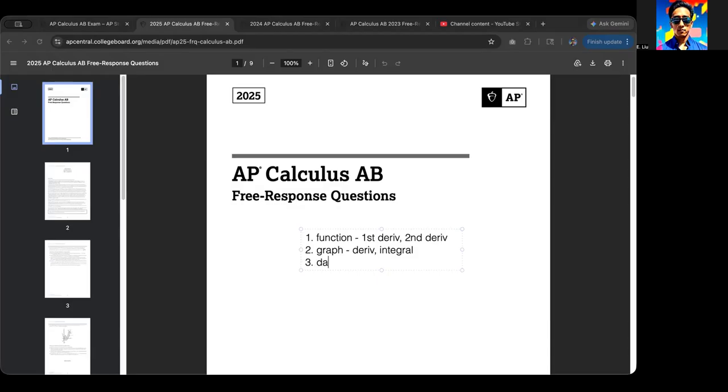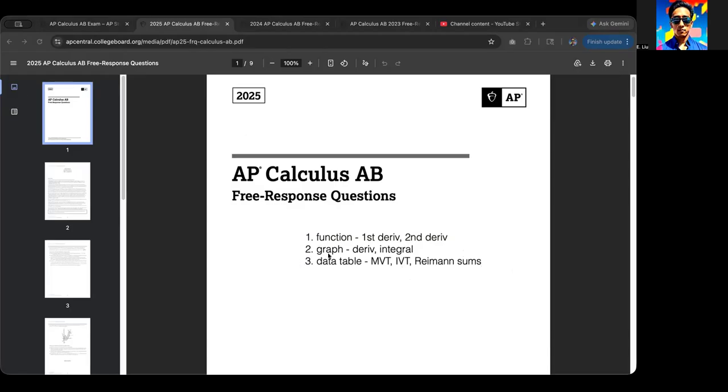Last but not least, we have a data table. So in a lot of these situations, you will be using your mean value theorem, your intermediate value theorem, or you will be using your Riemann sums to determine what the area under the curve happens to be.